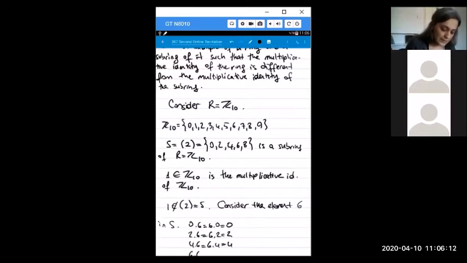And 6 times 6 is equal to 36, and modulo 10 is 6, of course. And lastly, 8 times 6, which is equal to 6 times 8, is equal to 8.